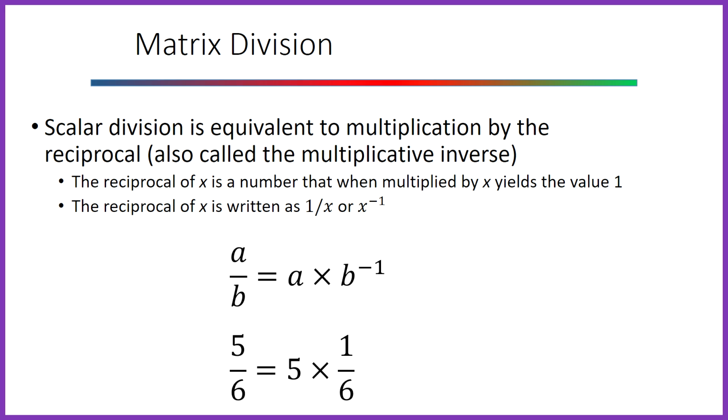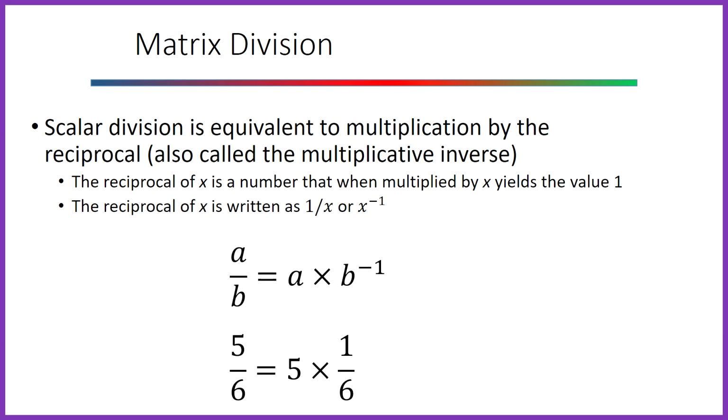Division of two scalar numbers is completely equivalent to multiplication by the reciprocal. The reciprocal of any number is defined such that the reciprocal multiplied by the original number yields the value 1. This basically means that the reciprocal of a number is simply 1 divided by that number.